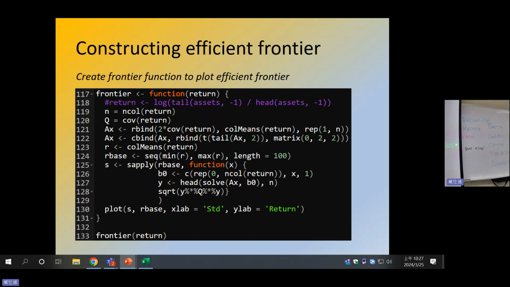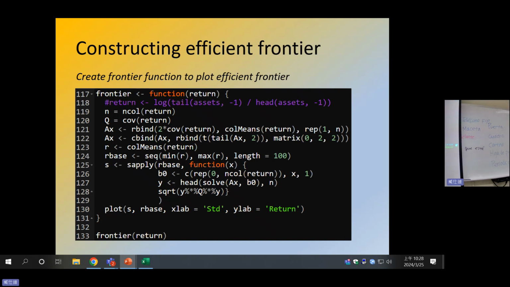This is our base: we generate a sequence with a minimum return, maximum return, and length equal to 100. That means we generate 100 points of given returns, and we apply this sequence of returns to this function.